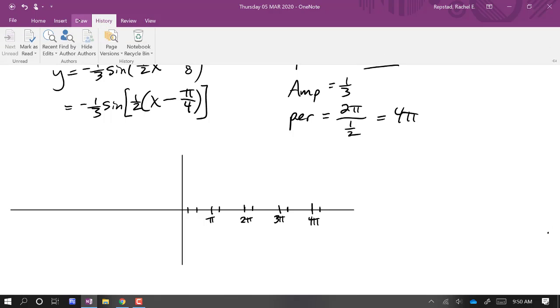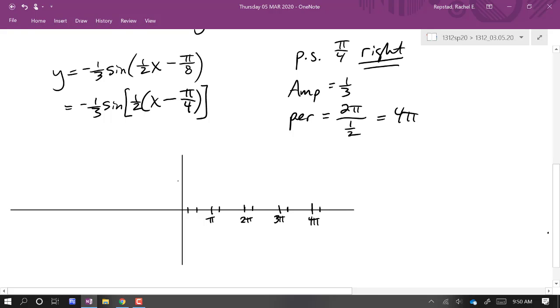So I'll first sketch it without the phase shift. I'll put that one in gray. It's negative 1/3, so it starts at 0 and it goes down, and then back up to equilibrium, then up at the peak, and then down.